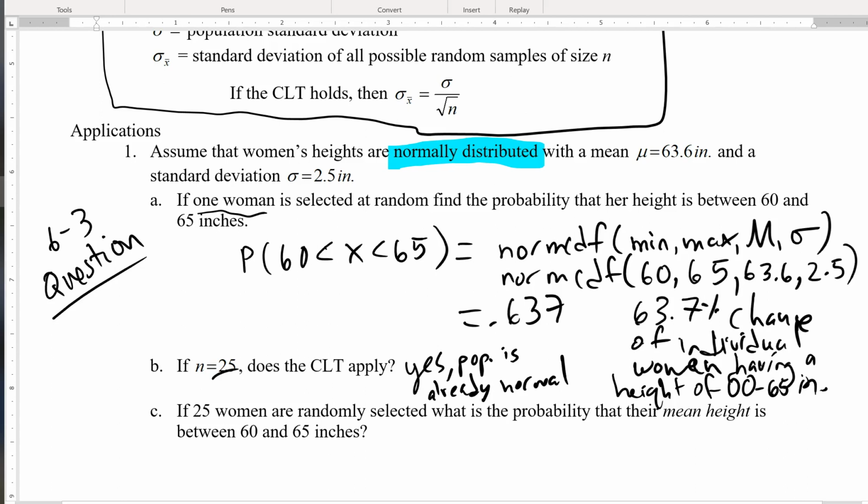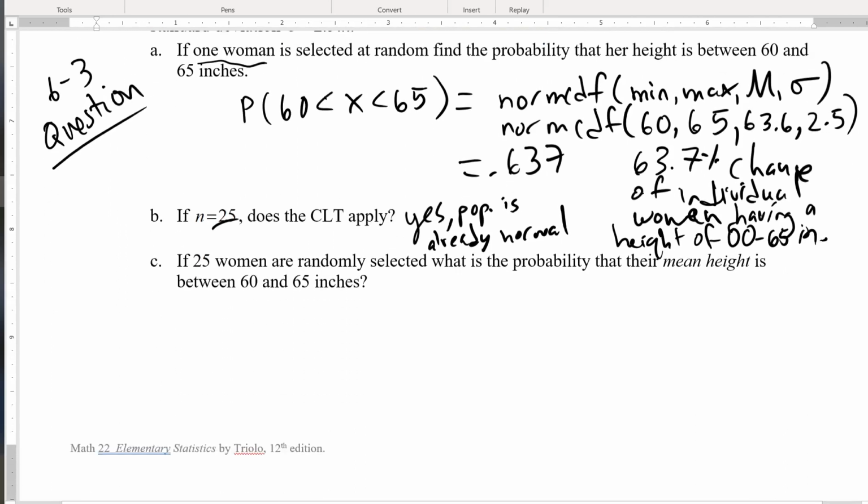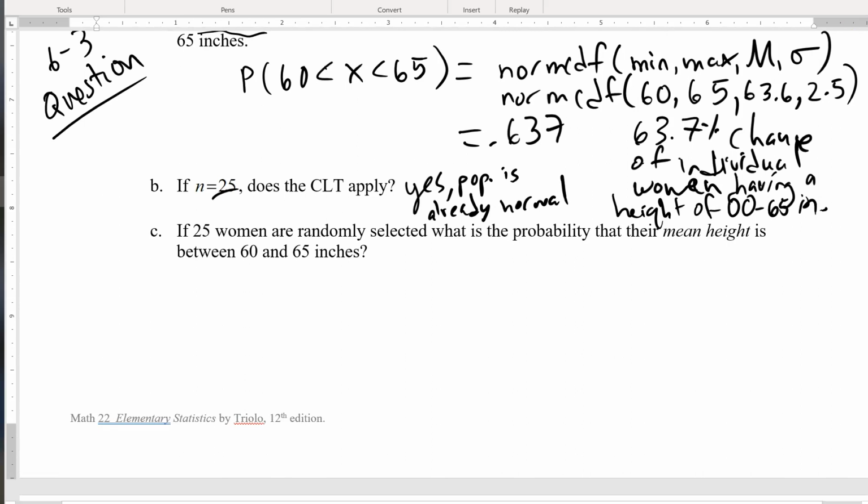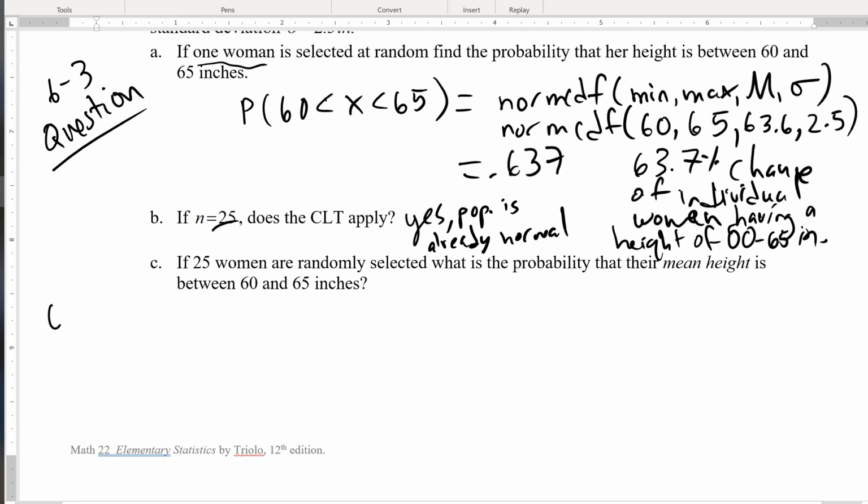So what does that do for us? We now can ask a 6-5 question. What the 6-5 question says is, what if I were to sample 25 women and I were to collect their average height? What's the probability that their height would be between 60 and 65?